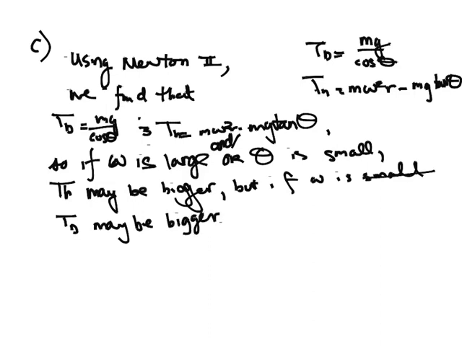And I should have said large. Wait, no, that was right. Omega is small, TD may be bigger.